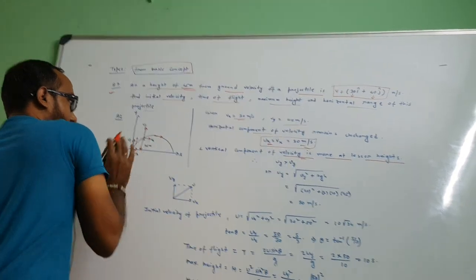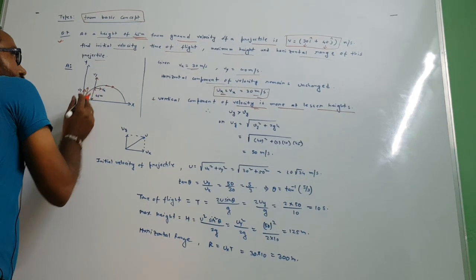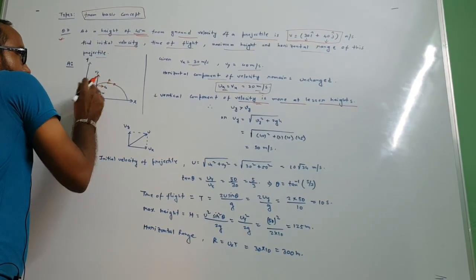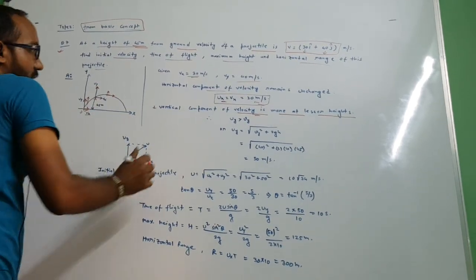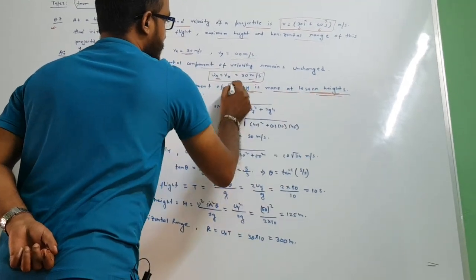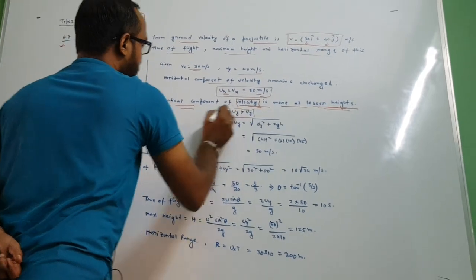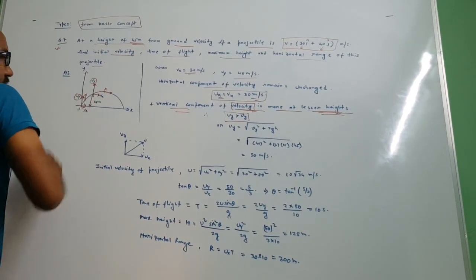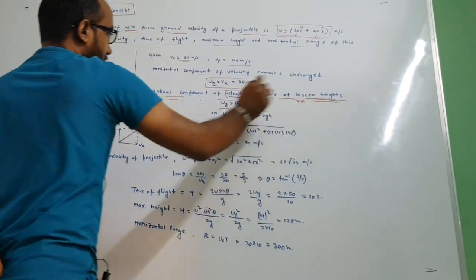There is no vertical component. So going from O to A, the vertical component decreases, and at the maximum position the vertical component is 0. That means at a lesser height the vertical component of velocity is more. So obviously the initial vertical component uy should be greater than vy. Remember, this is an extremely important point.